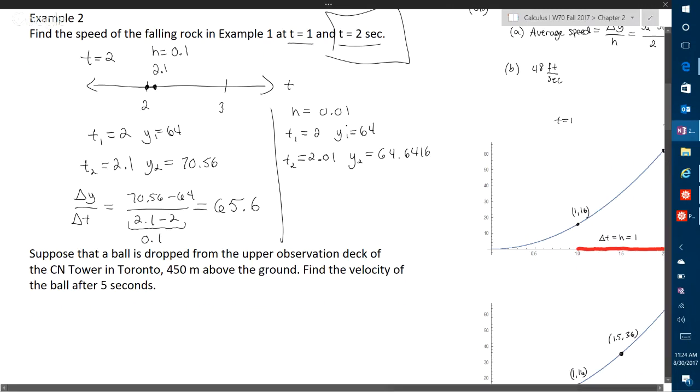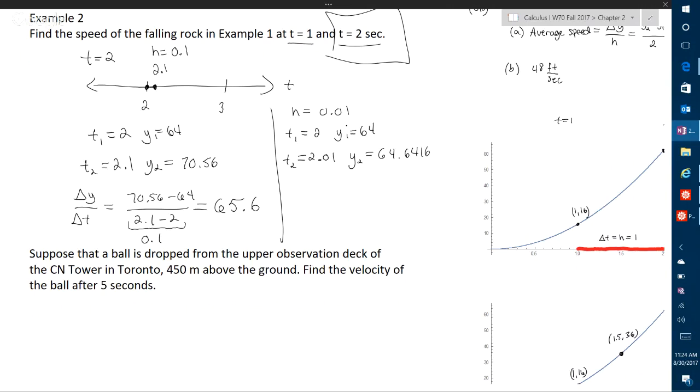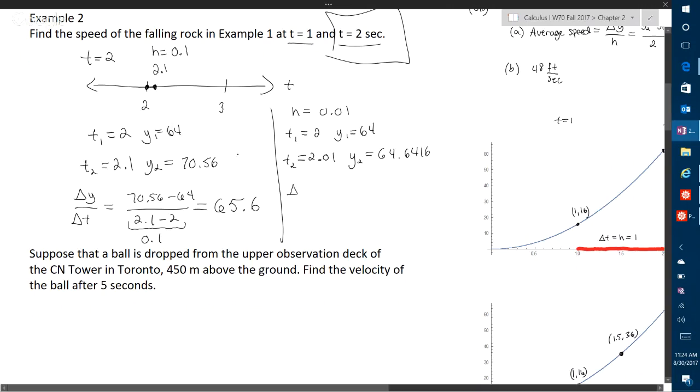All right, now take the difference of the y values and the t values. So change in y, change in t. 64.6416 minus 64, divided by 2.01 minus 2. Of course, this is an interval of 0.01. And what do we end up with here? 64.16. Very good. All right, so we went from 65.6.